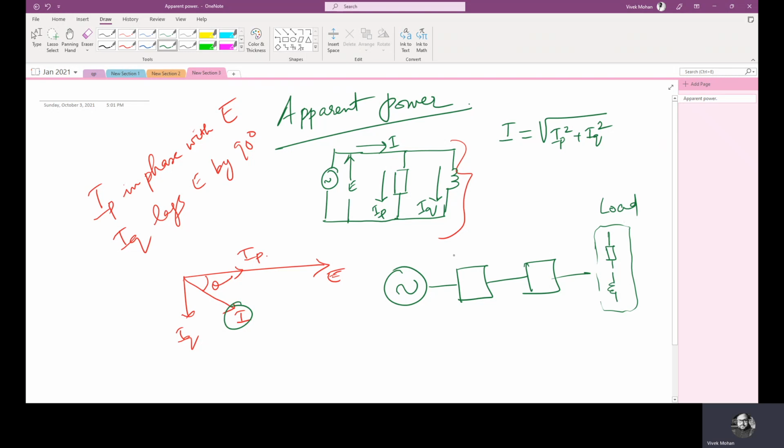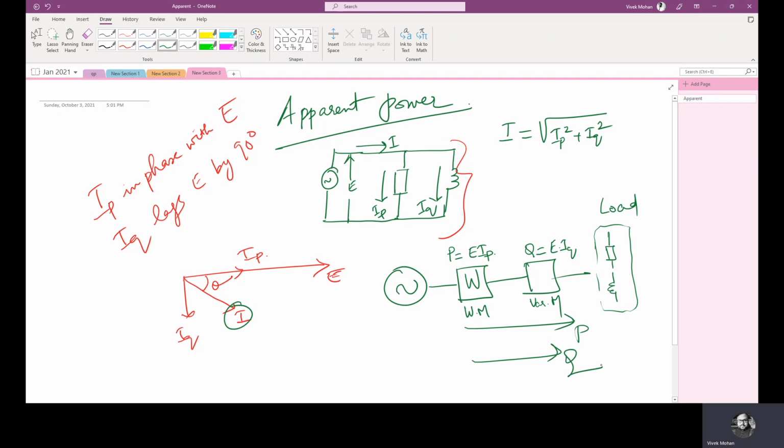So this is my load. So P equals E into IP, which will give me watts, and this is my watt meter. And this is my var meter. So Q equals E into IQ. So I am getting P like this, Q like this. So my direction is now like this only.